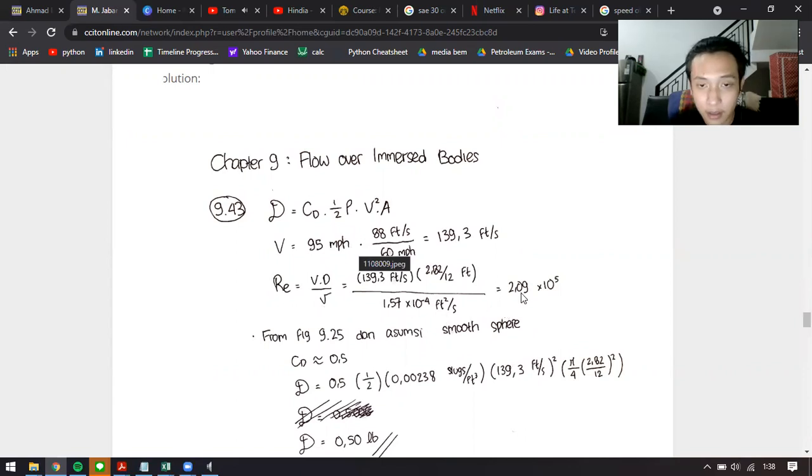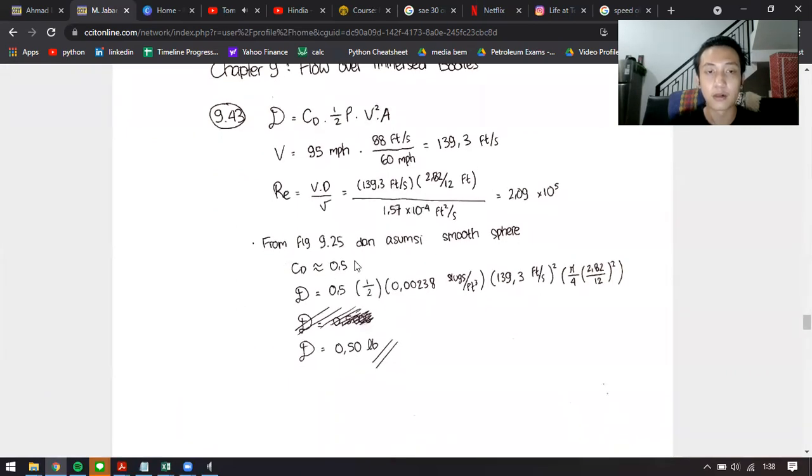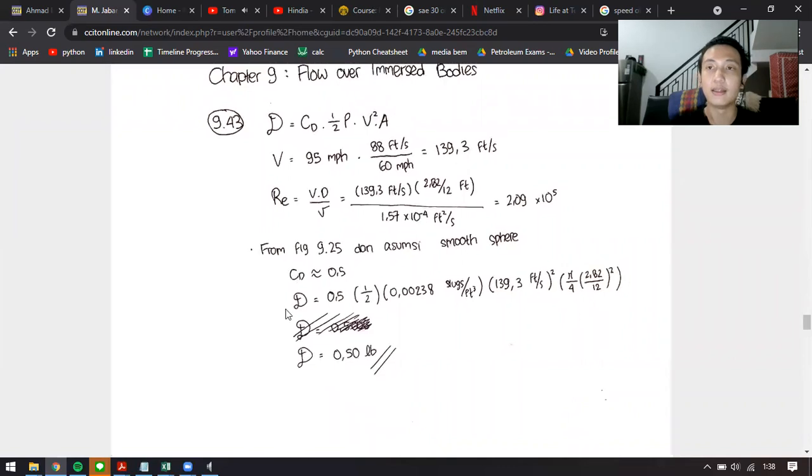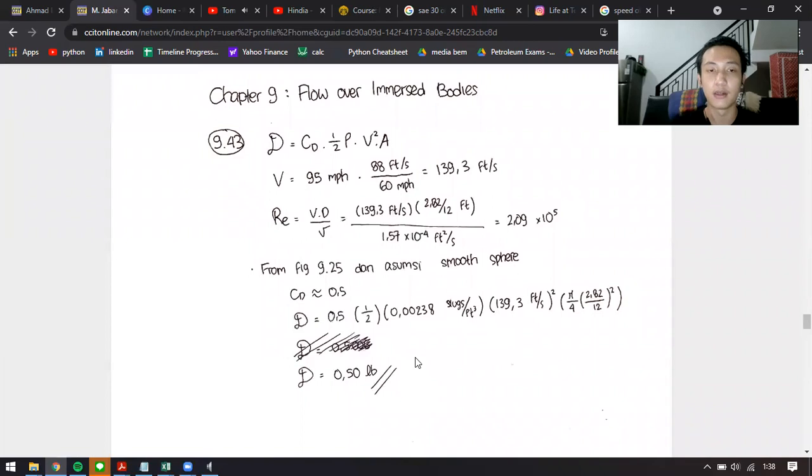We get a Reynolds number of 2.09 times 10 to the power of 5. We are assuming the drag coefficient of the baseball is 0.5.